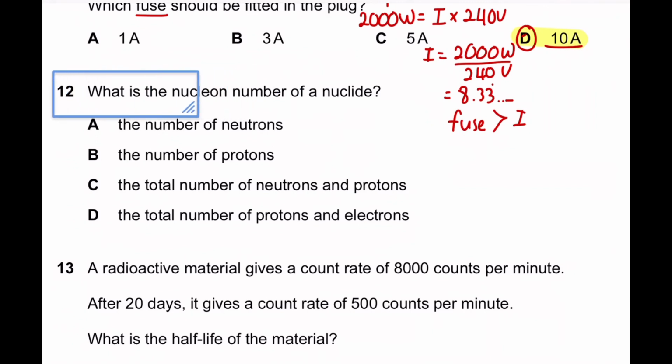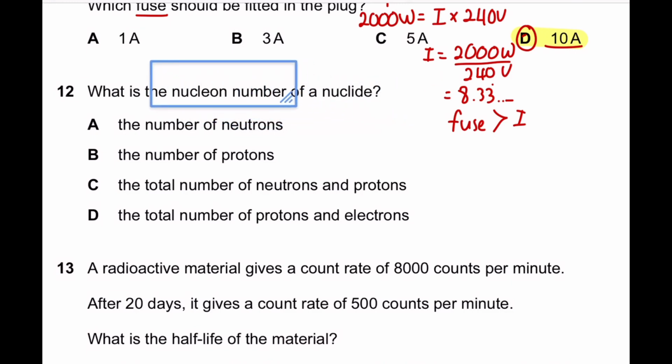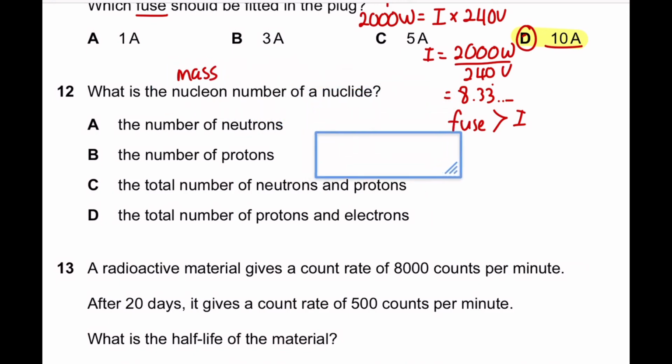Alright, next moving on to question 12. What is the nucleon number of a nuclide? Okay, this is a factual question where nucleon number is another term for the mass of a nucleus.